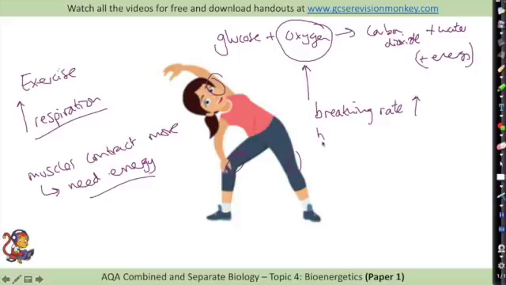The volume of breath that we take in, our breathing volume, will increase. And our heart rate will increase as well. So we'll try and get oxygen into our body and move it around our body, and we will also need a higher rate of respiration to release energy to allow the muscles to contract.